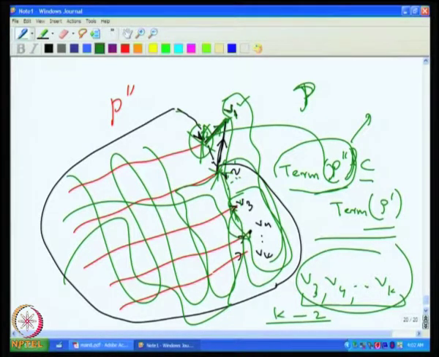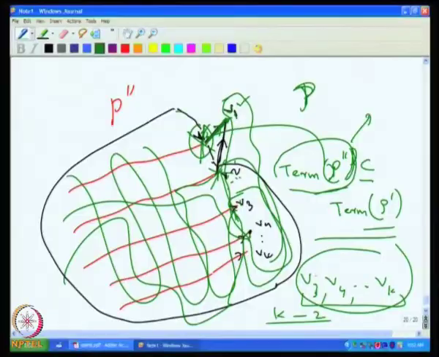So now we get a new path cover for the original graph, where the terminal vertices are this up to this plus V1. This is definitely a subset of the original terminal set V1, V2, V3, V4. V2 is missing there, maybe something else also is missing. So it is indeed a subset.